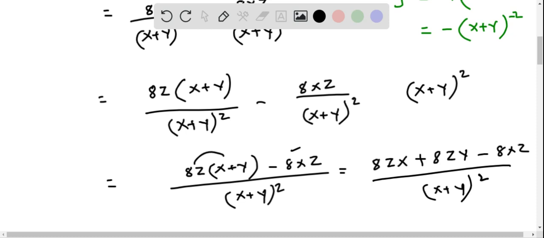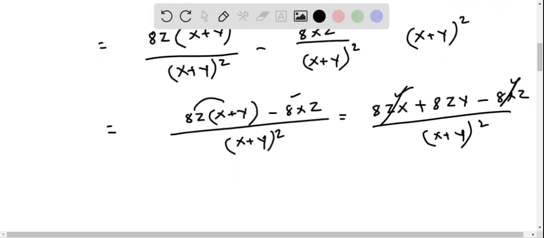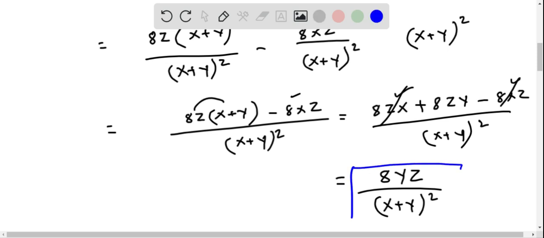So we see that we have a common term, this is 8zx and this is also 8zx. These two are like terms, so we can cancel them. And finally, we have the expression 8zy, or we can write this as 8yz over (x plus y) quantity squared. So this is the final expression for the partial derivative of w with respect to x.